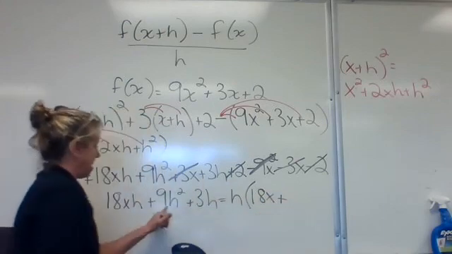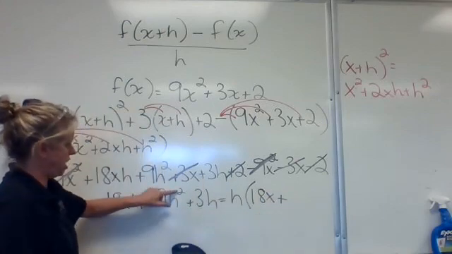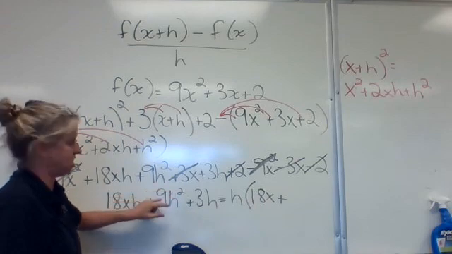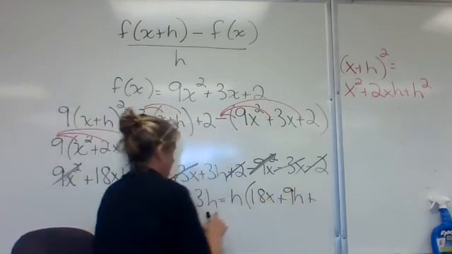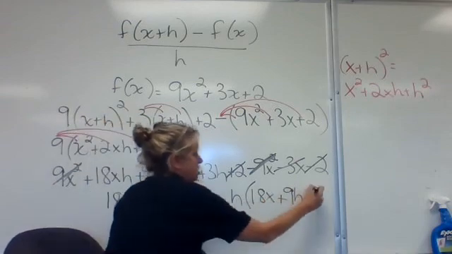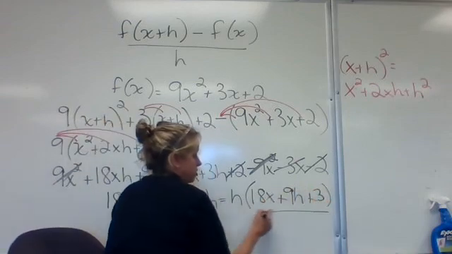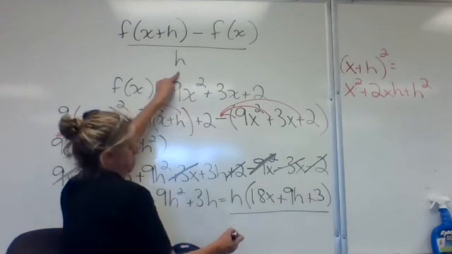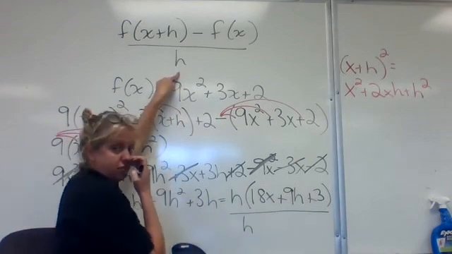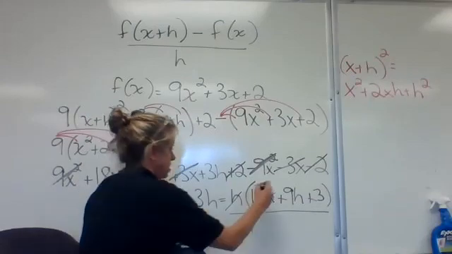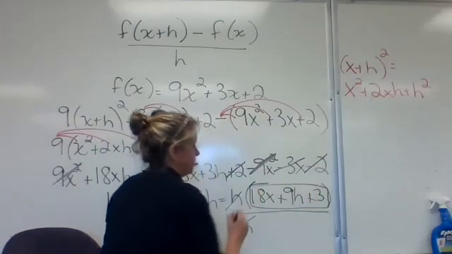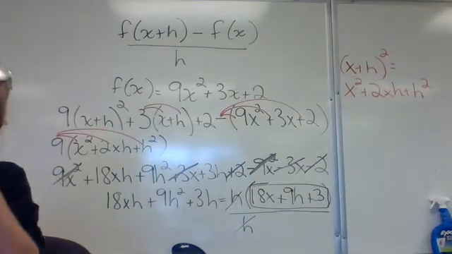Plus, if I took an h out of this middle term, it's just going to lose one of these h's. So I still have 9h. Plus, if I took the h out of the last term, I just have the 3. And here's the reason I took that h out. Because remember, the denominator of the difference quotient is h. So it cancels that. So this is your answer. What's left in those parentheses? Whew.